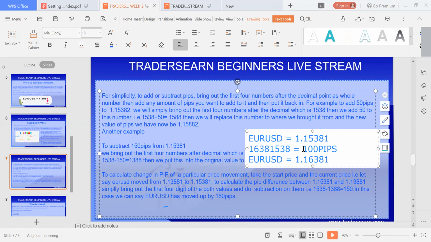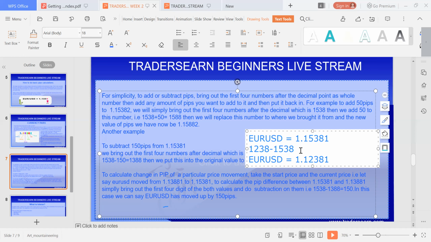On the other hand, let's assume it moved from this to 1.12381. To calculate the difference in pips, it's still the same pattern. You take the last point it gets to, minus the initial point, that's the point it started moving from.